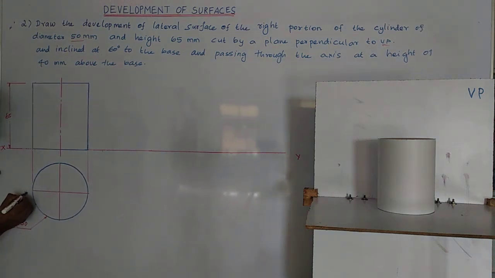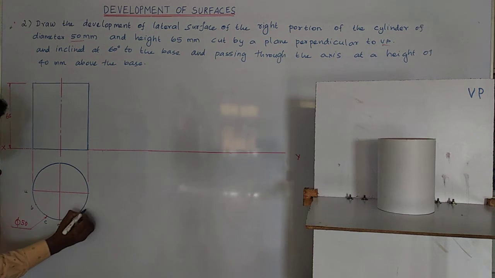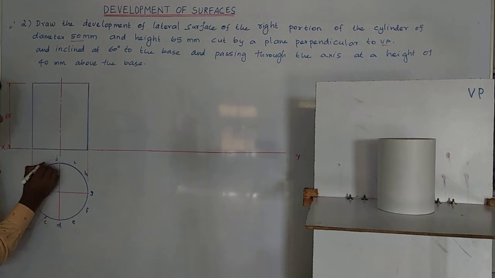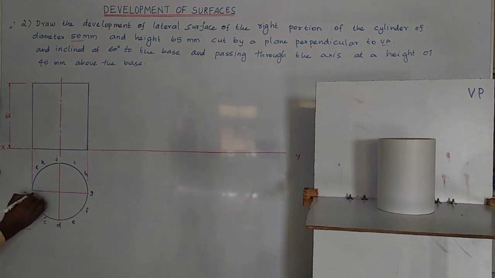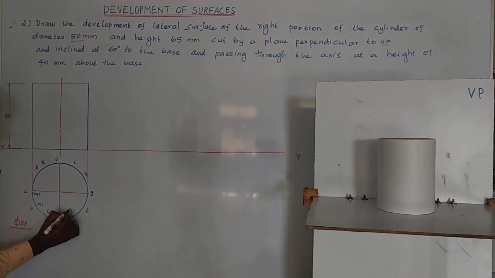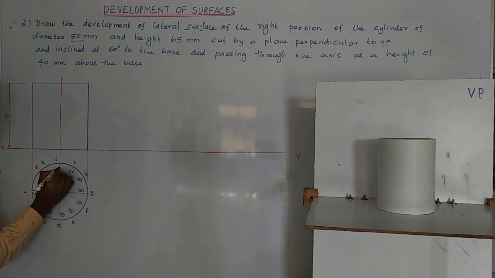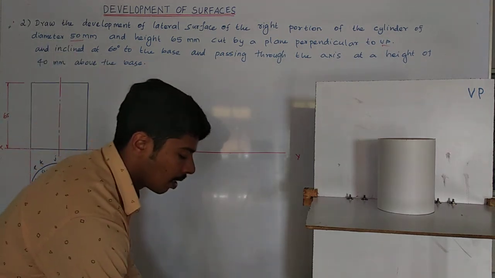So here it is A, B, and up to L. Then here M, hidden bottom base, up to X. All the edges I project to the front view.